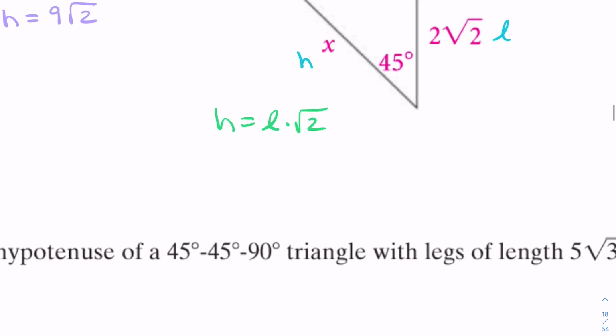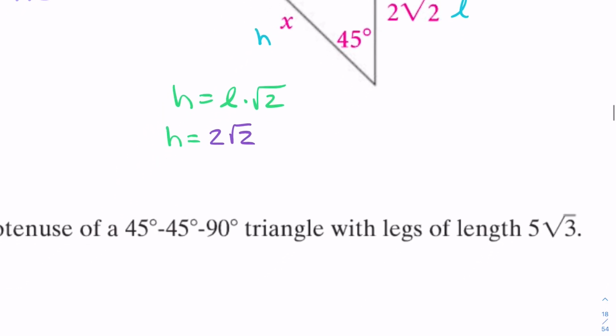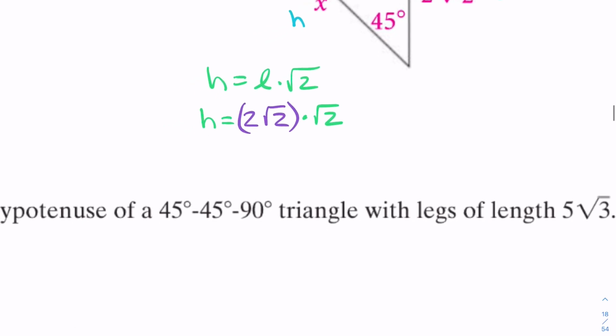Now we know L, we're going to do h equals, the leg is 2 square roots of 2. I can pick either one of these. They're both 2 square roots of 2. So it's 2 square roots of 2 times the square root of 2, right? Because that is your L. Just substituted L in.